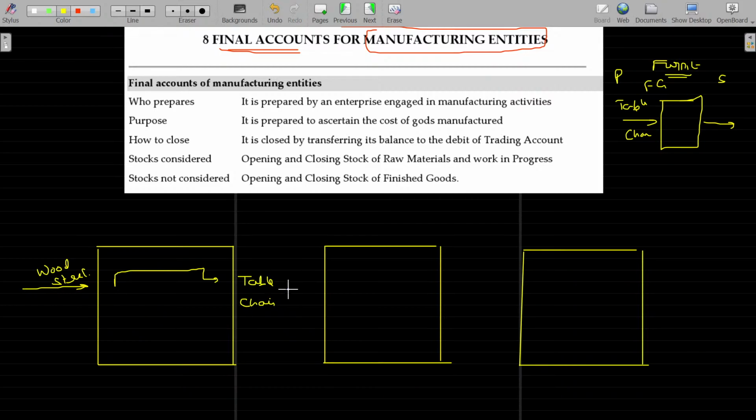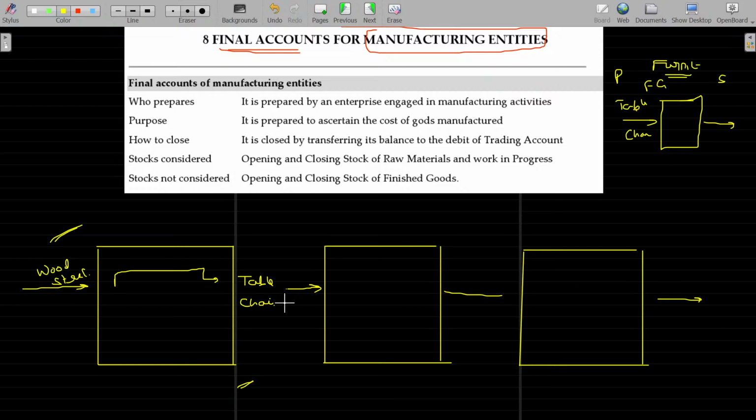This processed item will be transferred to the next division, where it may be kept in the showroom, displayed and sold finally. So the conversion process, where wood is converted into finished goods, will be taken care of in a separate division called the workshop or factory.